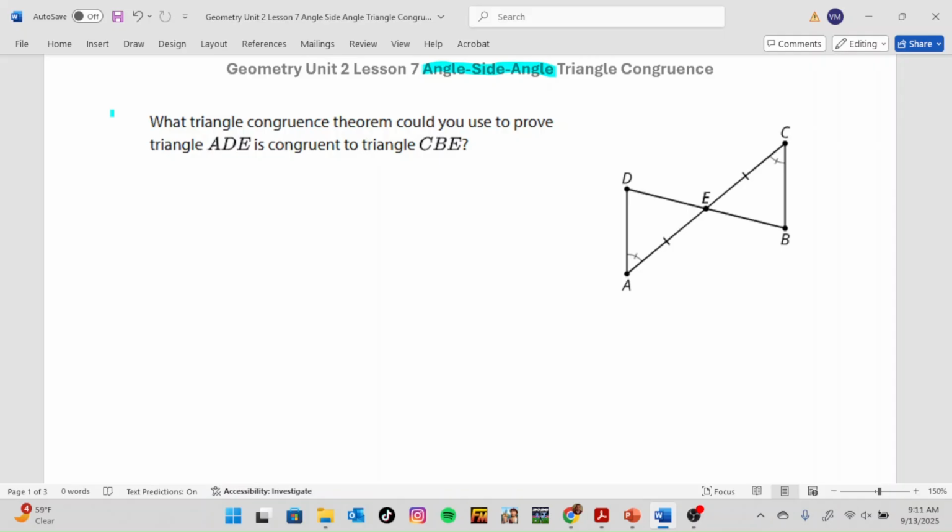So they give us a couple pieces of information in the diagram. First off, they let us know that angle A is congruent to angle C. That's what this single tick mark on the angle arc is telling us.